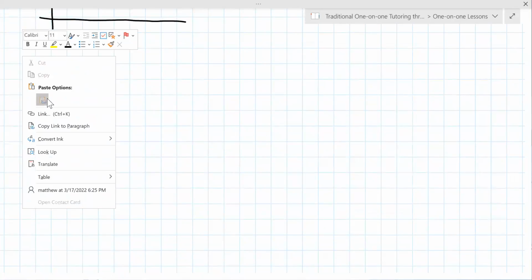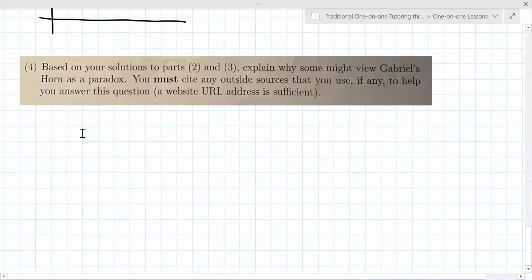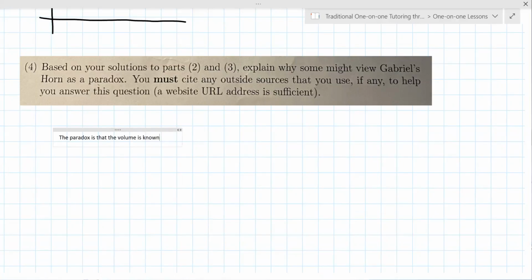The paradox truly is, and I'll type it here. Because if I give you any other three-dimensional object and I say, what is its volume and what is its surface area, you could give me a number. But for some reason, this one you can't.